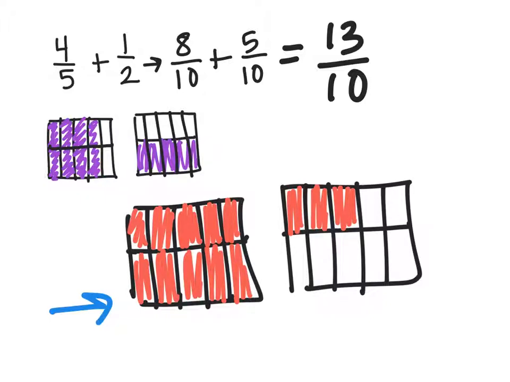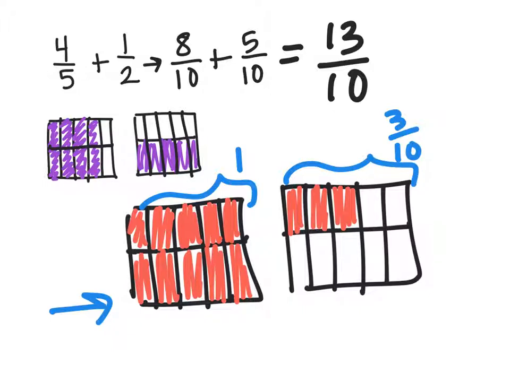So we have 1 whole shaded, and then we have 3 tenths shaded. So when you simplify, you change this 13 tenths into a mixed number. What it's saying is we have 1 whole shaded, and 3 tenths left over. So our answer is 1 and 3 tenths.